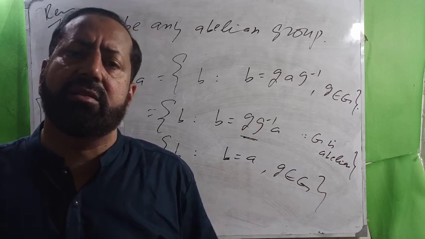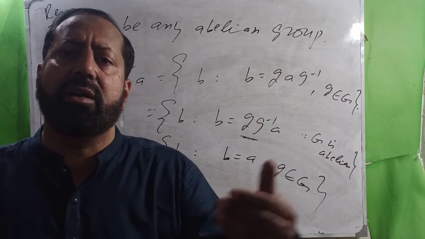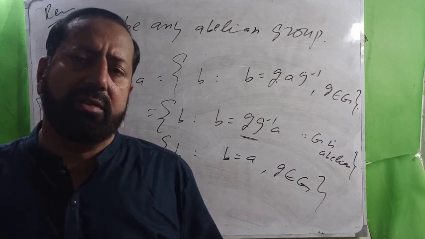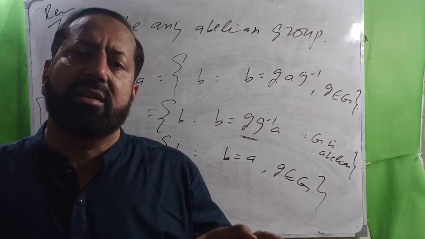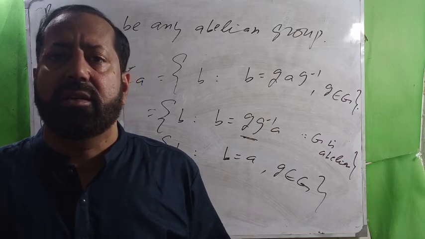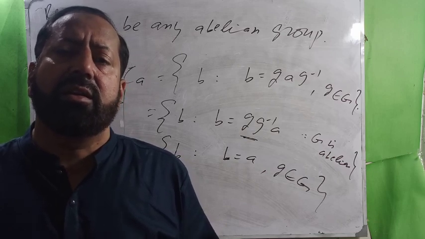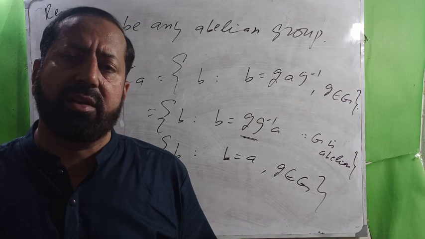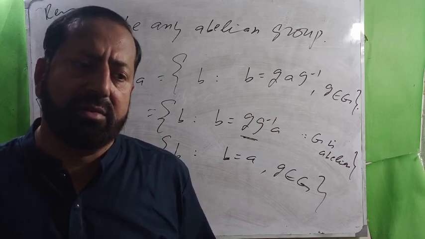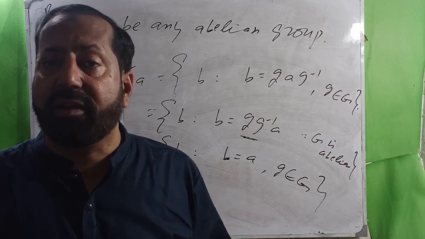You just write an element and write the definition, then vary all the elements of G, and then finalize which elements you can list in that set, and that set is in fact called the conjugacy class. And also we have seen that S3 has three conjugacy classes, D4 has 5 conjugacy classes, similarly Q8 has 5 conjugacy classes, and if G is abelian, then the number of conjugacy classes is in fact the order of G.